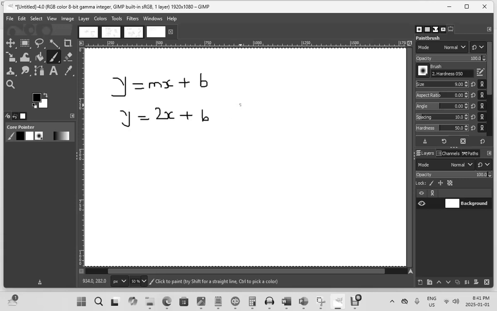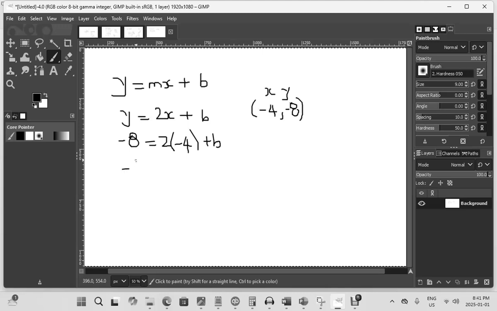And we know that one of the points is -4 and -8, so this is your x and this is your y. If we substitute this value into the equation, we get -8 equals 2 times negative 4, plus b.